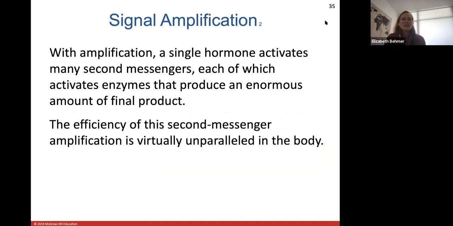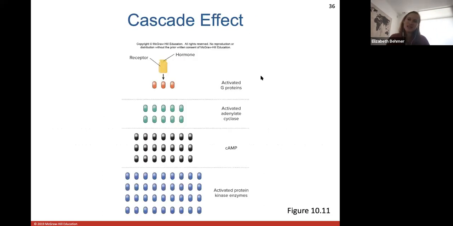And the efficiency of this signal amplification is virtually unparalleled in the body. So that's why teeny tiny hormones can have such a huge effect on bodily systems because of this signal amplification effect.